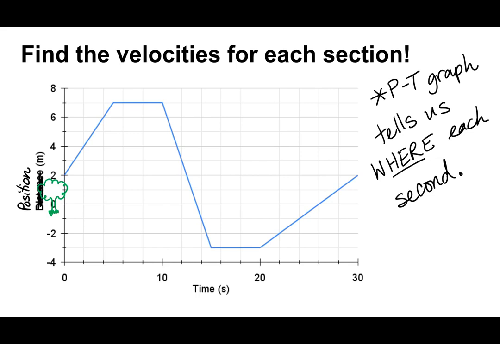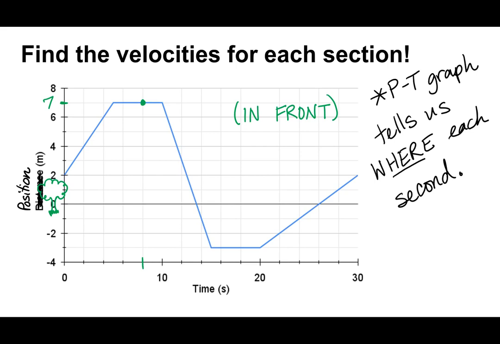And I were to say, where was I at 8 seconds? Then what we would do is we would go to 8 seconds and up to the spot right here, which is at 7 meters. And so we would say at 8 seconds, I was 7 meters in front of the tree.